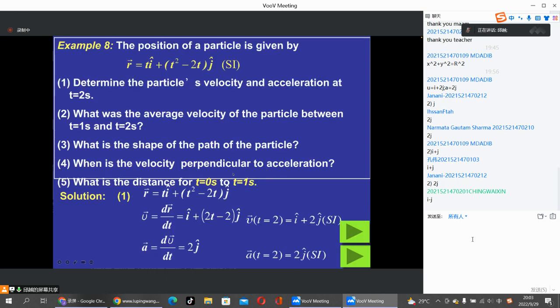Okay, problem 4. When is the velocity perpendicular to acceleration? And 5, what is the distance for t equals 0 to t equals 1?